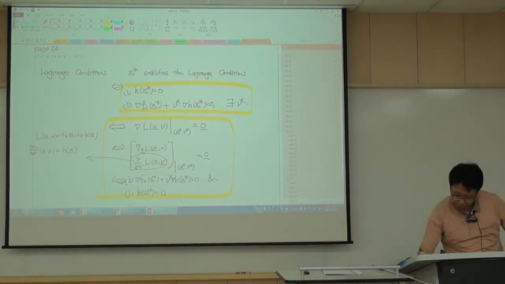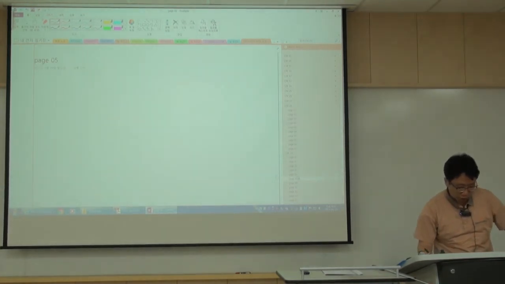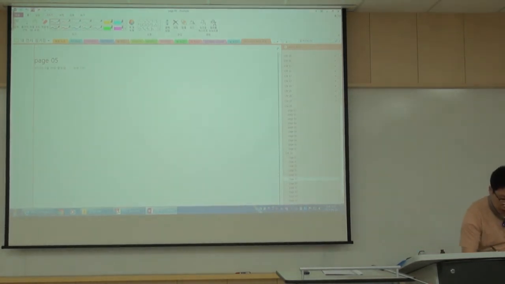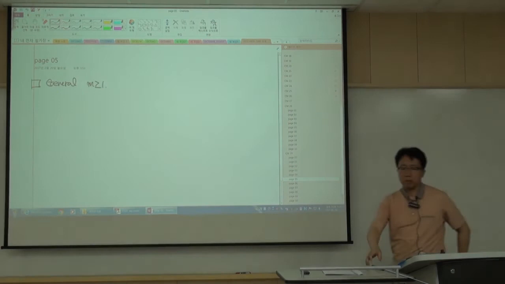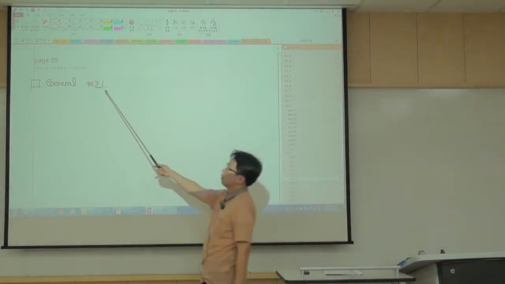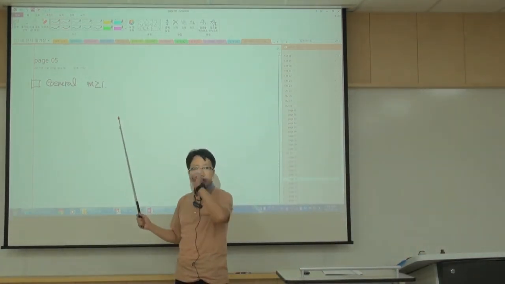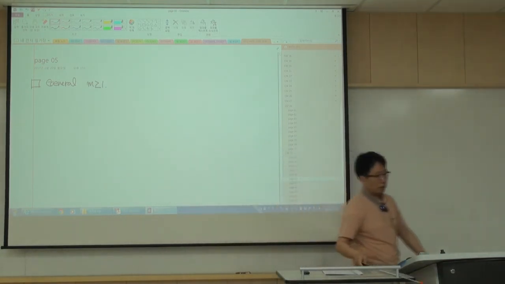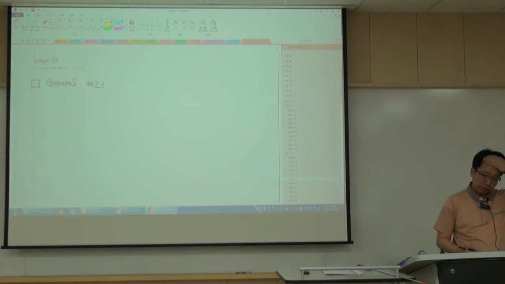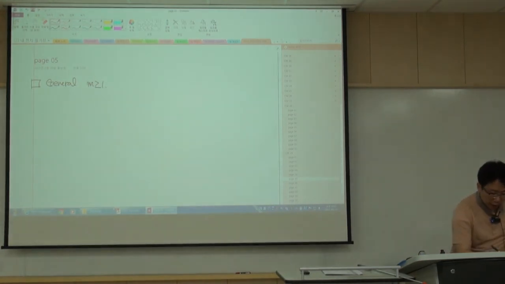Now, let's generalize this to n greater than or equal to 1. So far, we consider the single equality constraint function. Now we are going to generalize. Before doing that, let me defer this discussion a little bit.